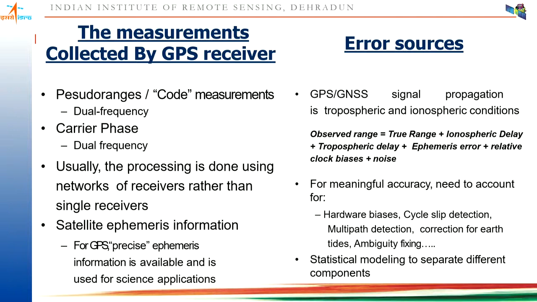There will be the epoch: year, month, hour, minute, second, millisecond. After that, the semi-major axis and eccentricity will be there. All the things related to the orbit parameters of the GPS satellite will be available in that information.